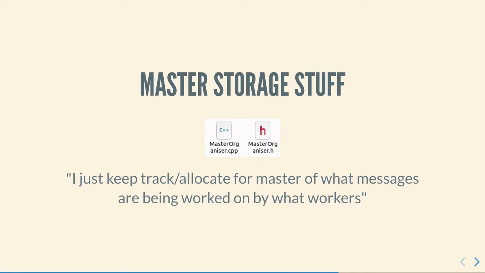Now there's another one that master uses called a master organizer. What the master process does is draw upon the work to be done from the solutions interface, specifically messages, and it doesn't just directly give them to the workers. It invokes this thing called a master organizer, which keeps track of what workers are working on what messages already, and how those workers should be allocated to the messages.